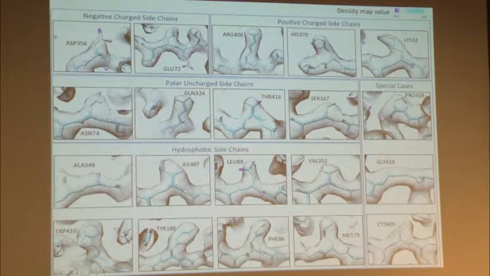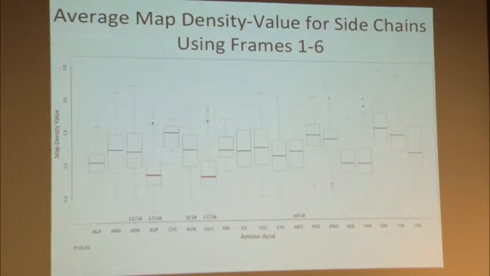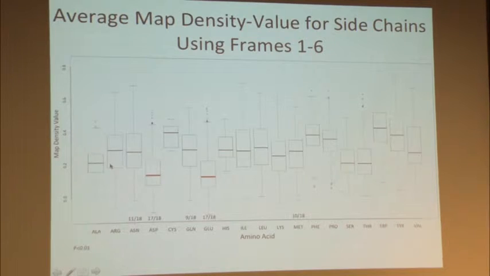So there are two possibilities we think may cause that. One, maybe these negative amino acids are very radiation sensitive. If you look at the literature in protein crystallography, some of these negative side chains are very, very radiation sensitive. So we looked into whether that is the case due to damage. Here we plot all the side chain density values for the 20 amino acids.